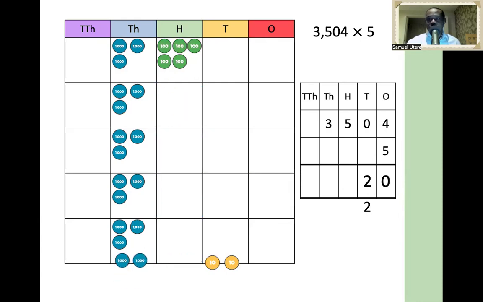We write it there, and here we only have 500 left. So that's 5. Plus the thousands we had before, which was 15, because 5 times 3 is 15, and that one will now give us 17.